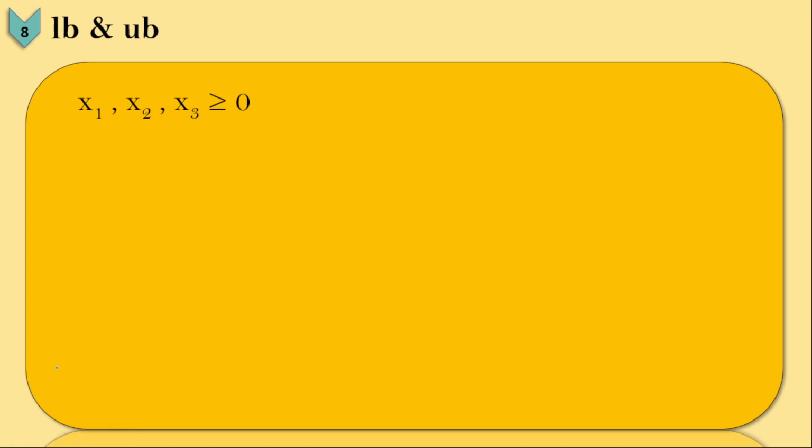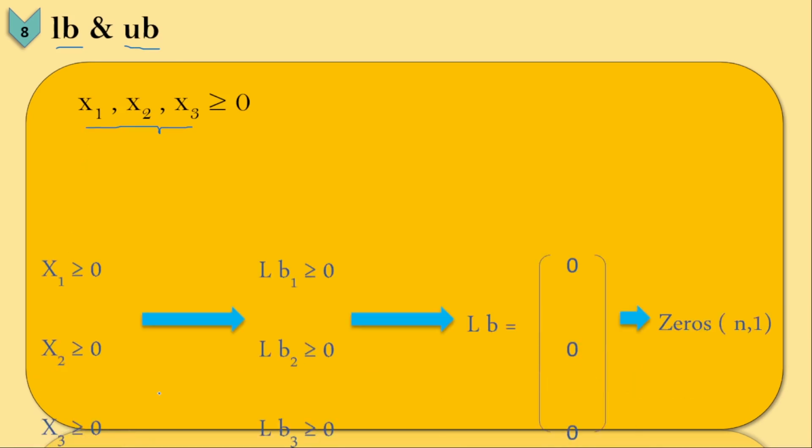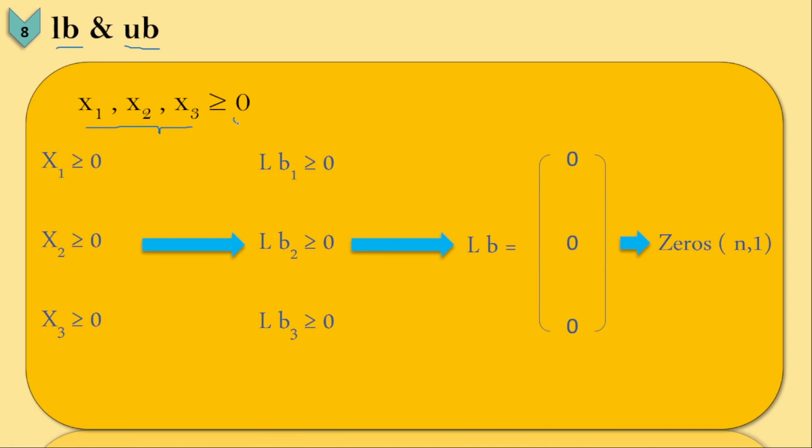And finally, we should extract the lower bound and upper bound from the decision variable constraints. As you can see here, all the decision variables are bigger than 0, so the lower bound for all of them is equal to 0. You should define the lower bound for each decision variable as a column matrix, as you can see here. The upper bound will be defined as infinite by default.